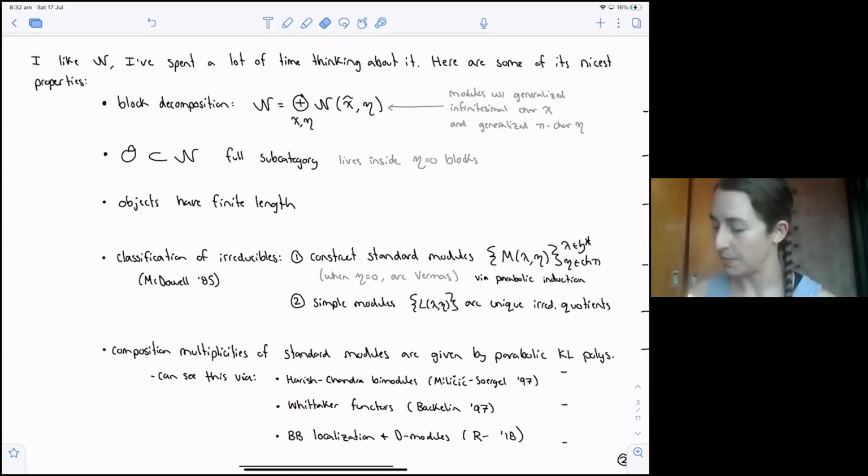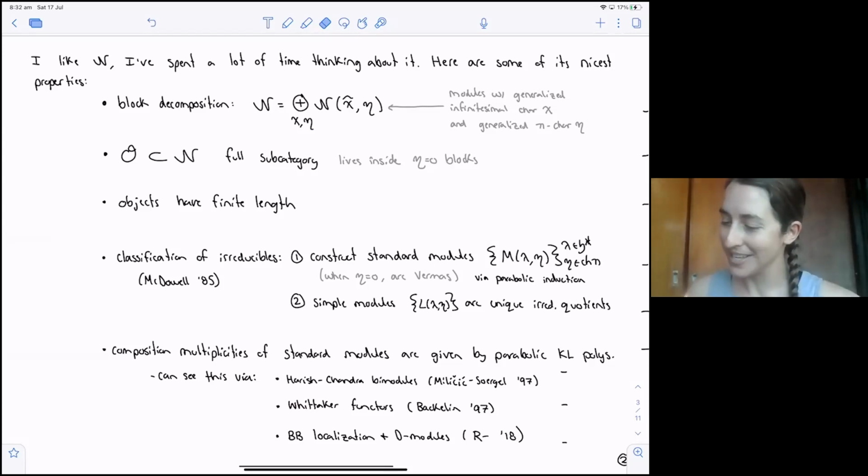So you can use Beilinson-Bernstein localization to relate these blocks of the Whittaker category to certain D modules on the flag variety. And then you can construct an algorithm for computing composition multiplicities in the D module land. And then this tells you that they're given by parabolic Kazhdan-Lusztig polynomials in a similar way to the original proof of the Kazhdan-Lusztig conjectures by Beilinson and Bernstein.